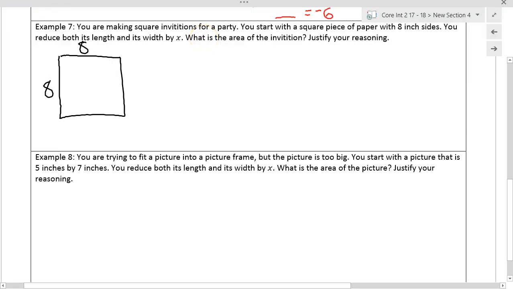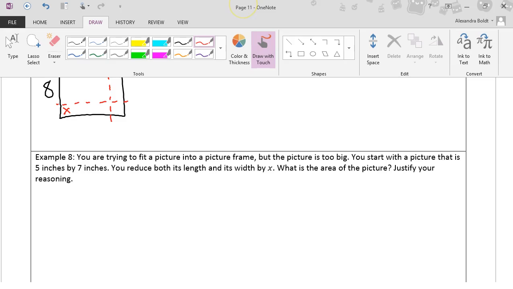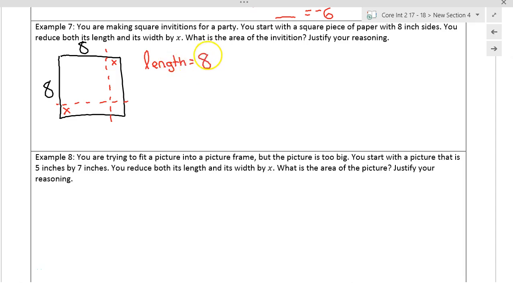I reduce both its length and its width by x. So I'm taking scissors and chopping off x here, and I'm chopping off x here. That means my length equals, I started with 8 and I reduced or subtracted x. My width, same thing.